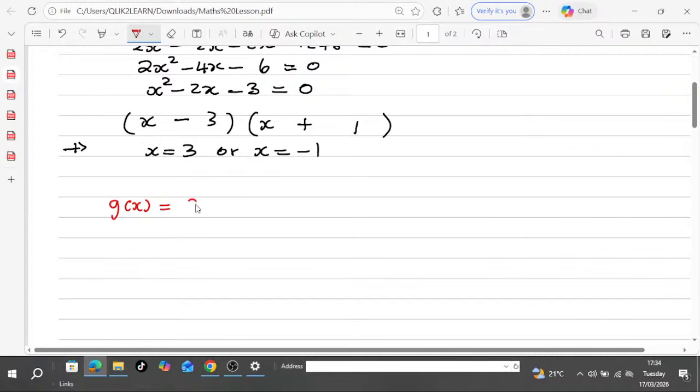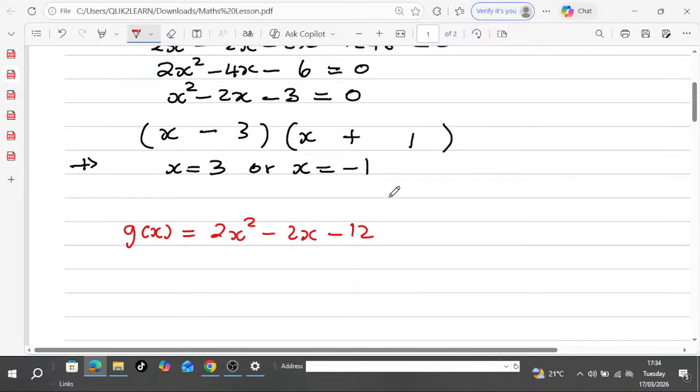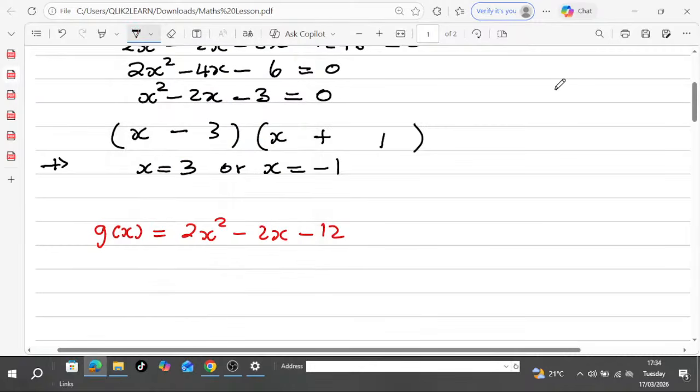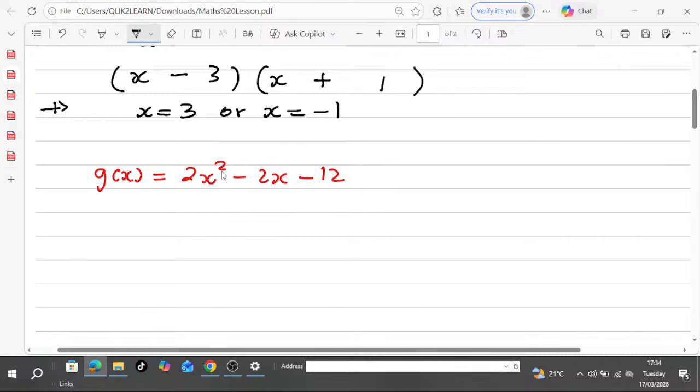Remember, the first thing that we do is to find the turning point. It's always important for you to start by finding the turning point first. Let's find the turning point. If you still remember, this one is in quadratic form.